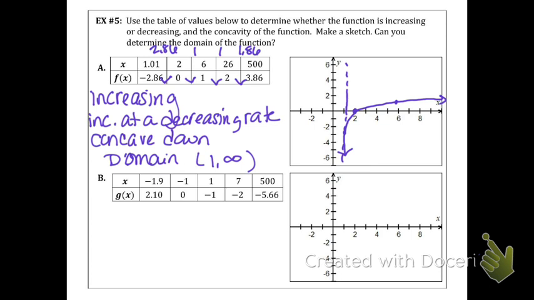we can see that our graph is decreasing because my y's are getting smaller. But when we look at the rate, this is decreasing by 2.10. Then we're decreasing by negative 1, by negative 1.